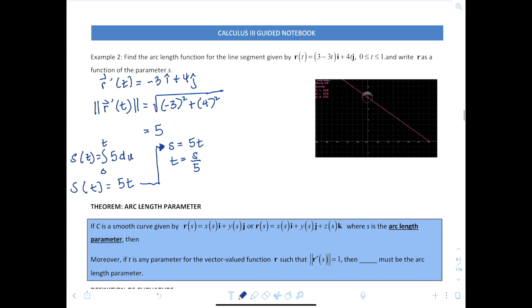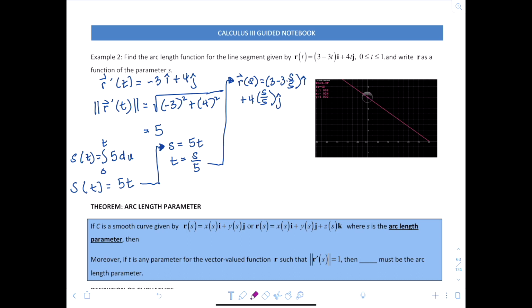So, back substituting into our original r, we would get r at s is equal to (3 minus 3 times s over 5) times i plus 4 times s over 5 times j.